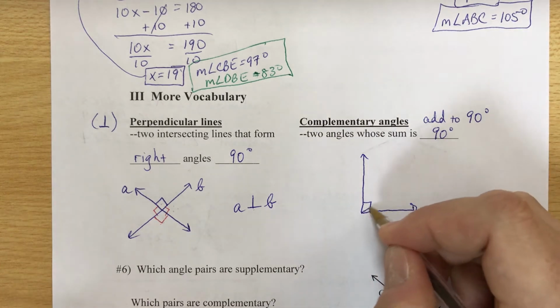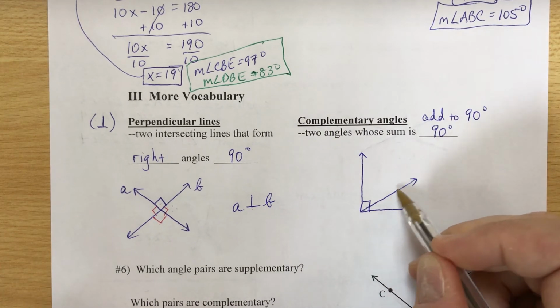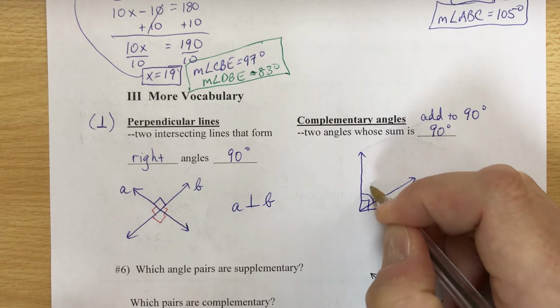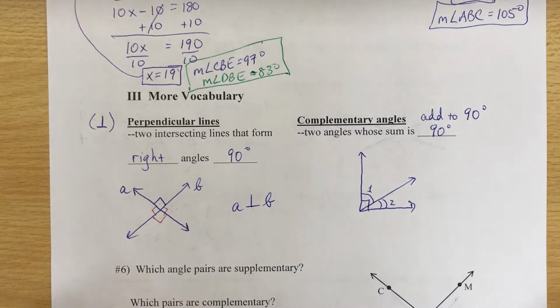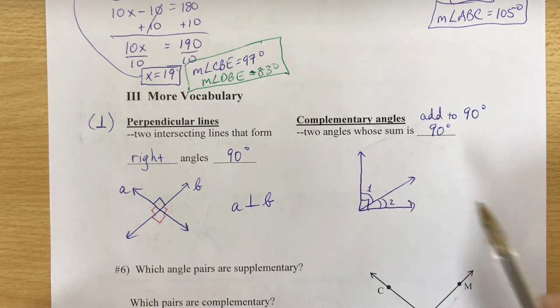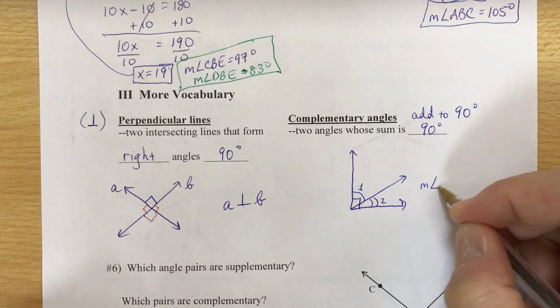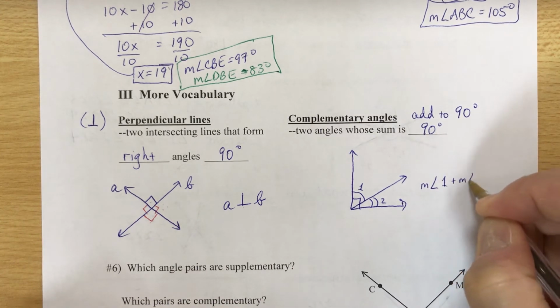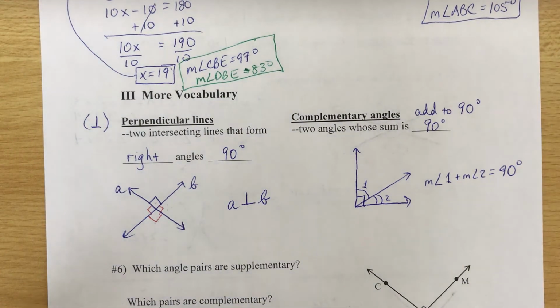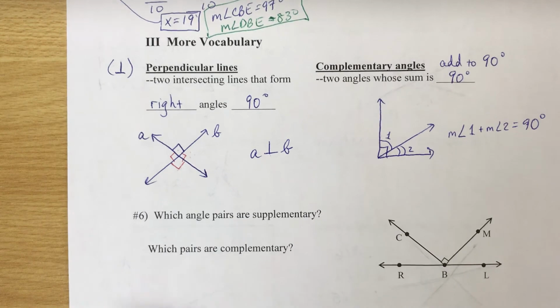But if I draw another ray, now we have two smaller angles. I'll call that 1 and 2. Together, they add up to the big angle, which is 90. So the measure of angle 1 plus the measure of angle 2 equals 90. So that's complementary. Supplementary adds up to 180. Complementary adds up to 90.